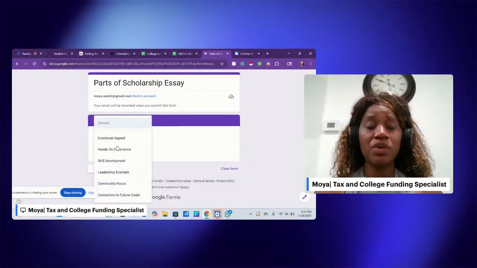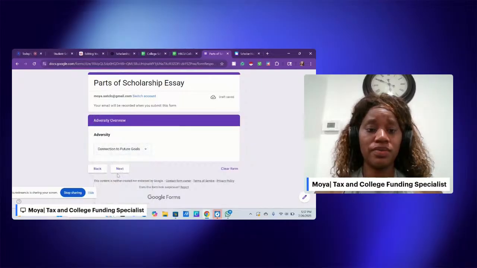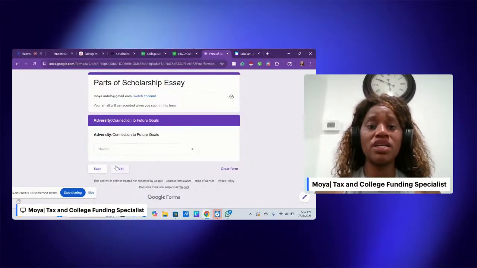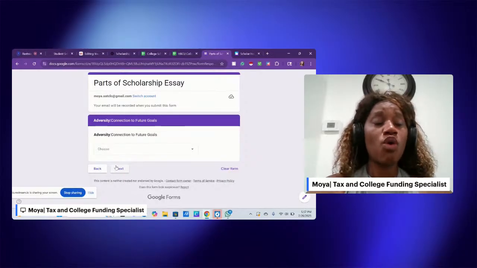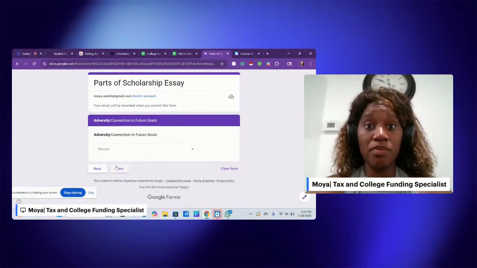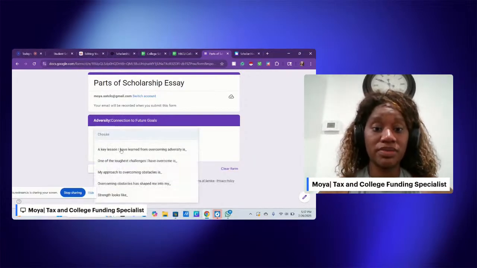Okay. So now we're talking about adversity: emotional appeal, hands-on experience, skill development, leadership example, community focus, connection to future goals. So let's say I want to talk about my adversity, either something that I saw, overheard, or mine personally.